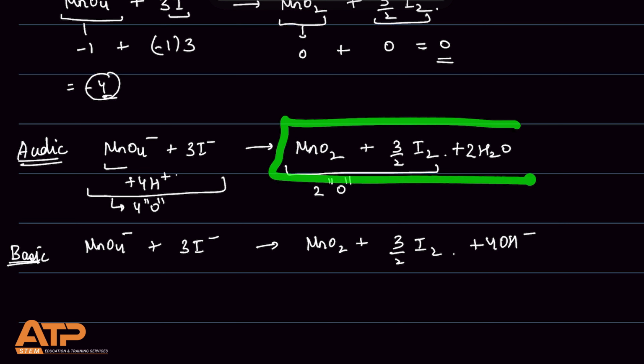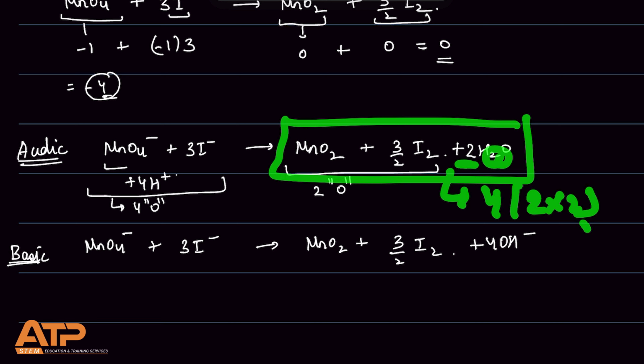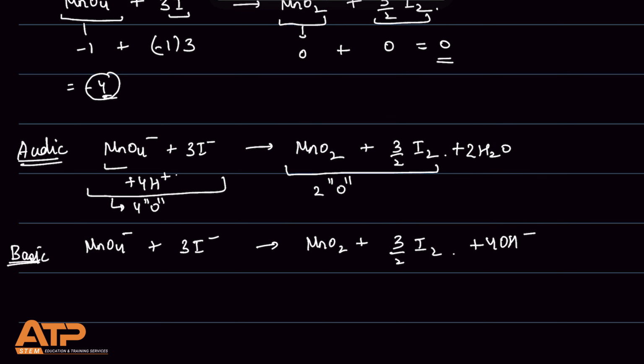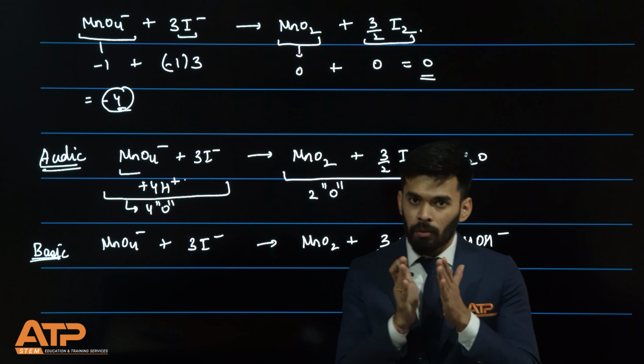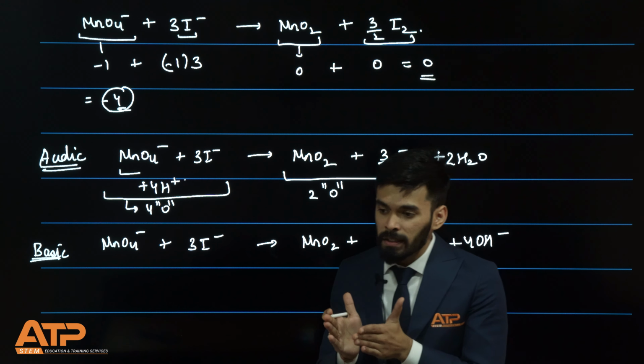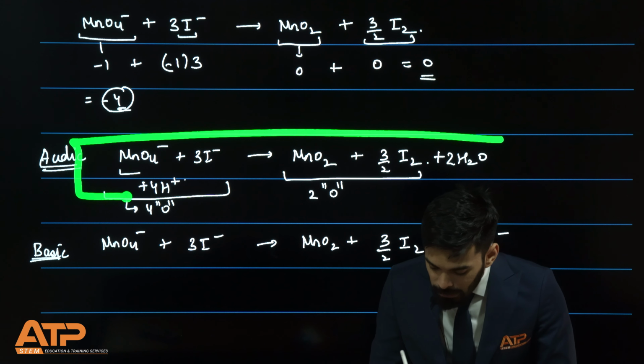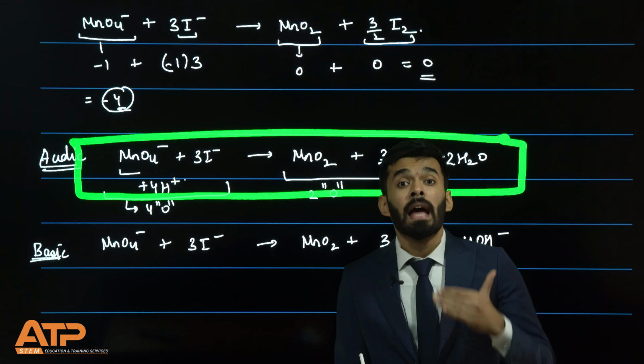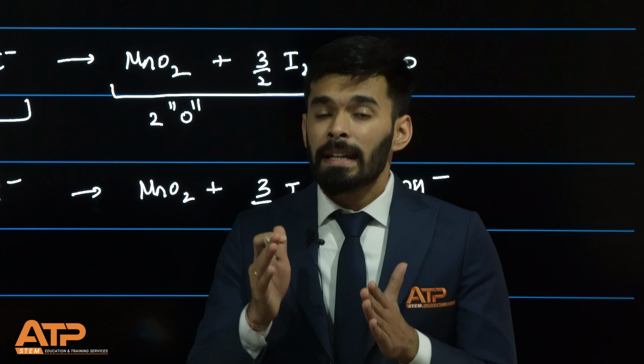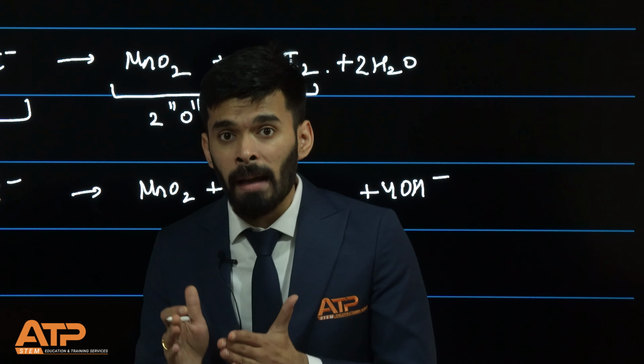The total hydrogen atoms are 4 on the product side, that is 2 into 2, so that is 4, whereas on the reactant side also they are 4H+, right? So as you can see, if we balance oxygen, hydrogen is automatically balanced, and this is the final balanced equation in acidic medium. Now let's do the same in the basic medium as well.